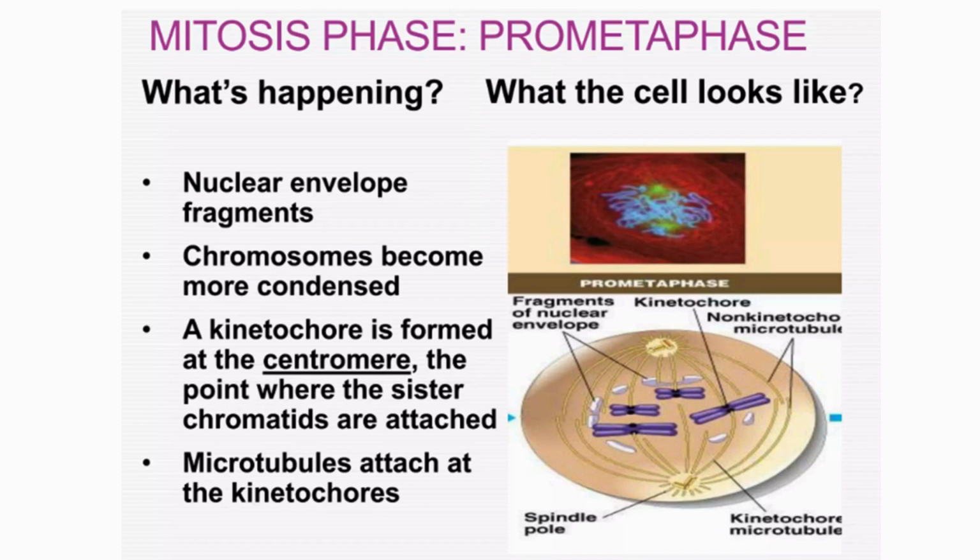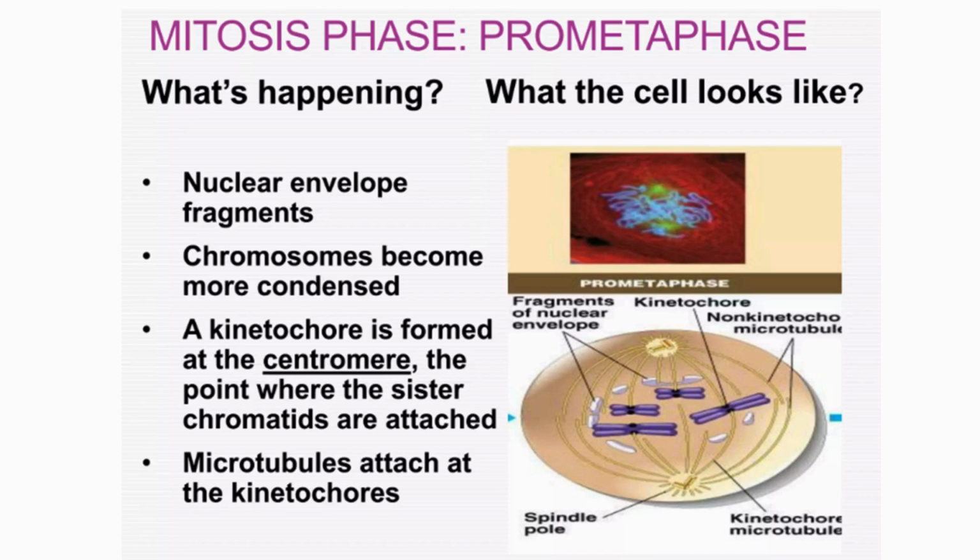Third, a kinetochore is formed at the centromere. In the middle point here you can observe the kinetochore. So a kinetochore is formed at the point where the sister chromatids are attached. You can observe that all the sister chromatids are attached to the kinetochore. Now, all the microtubules attach at the kinetochore.